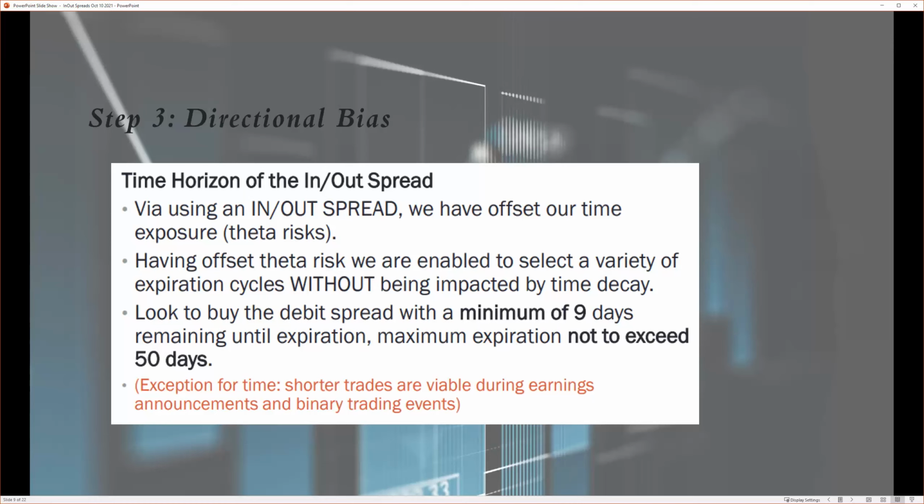Otherwise, if nothing on the horizon under our knowledge is going to happen, we have to take a minimum of 9 days to 50 days of expiration. So are we good so far? One thumb up, at least. Good. Okay.